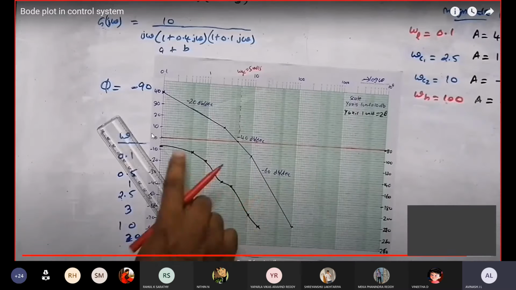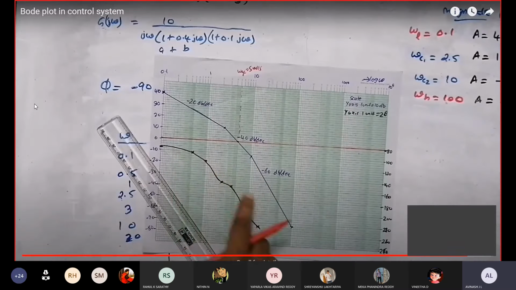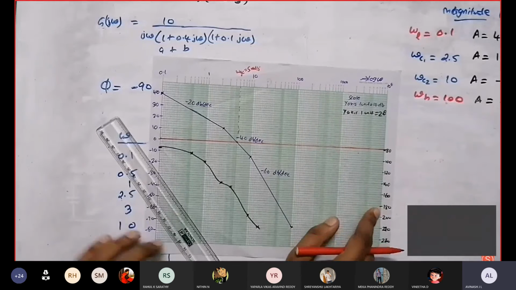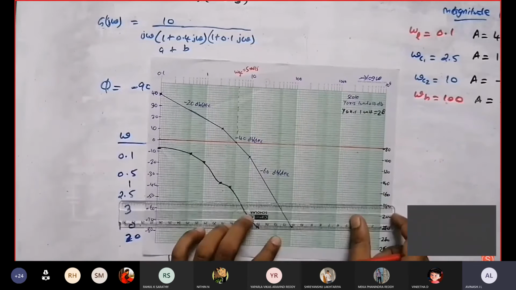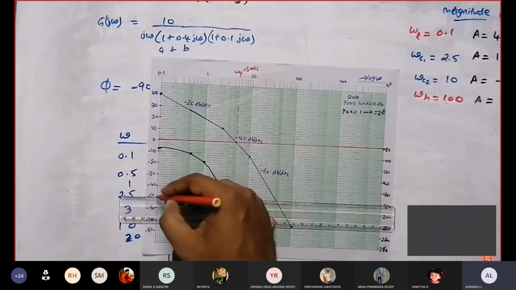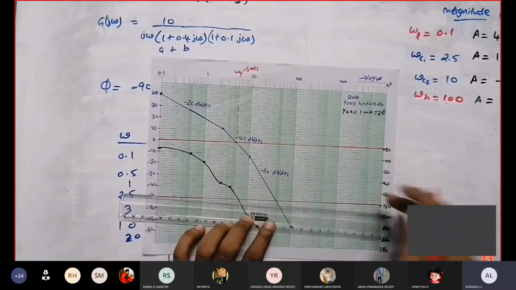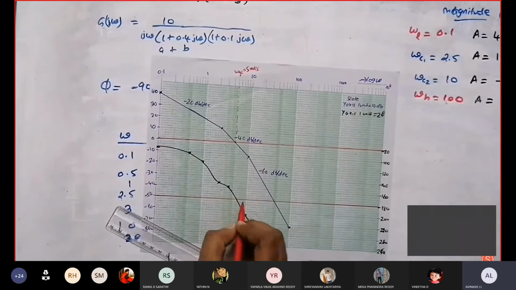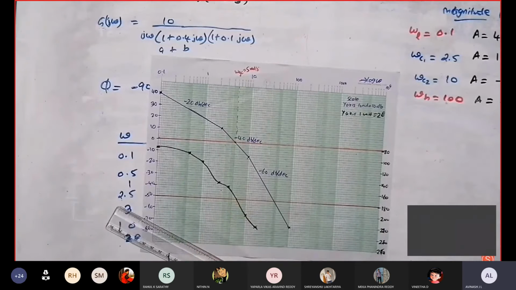Now, phase crossover frequency. For finding the phase crossover frequency, take minus 180 degrees. You can see here, minus 180. Draw a straight line from minus 180. Now, the phase plot will touch minus 180 at a point. Here you can see it is touching at this point.